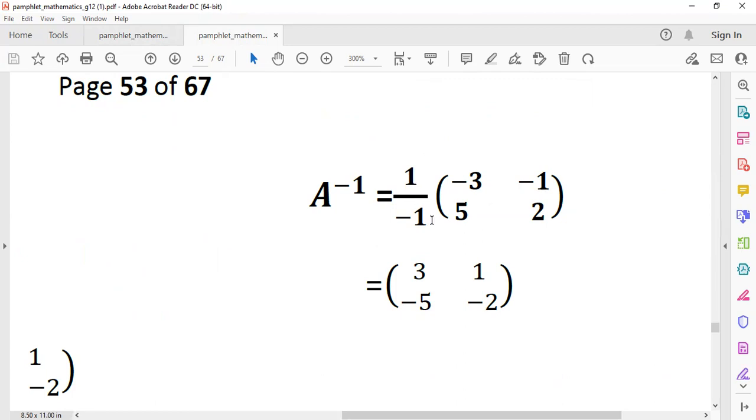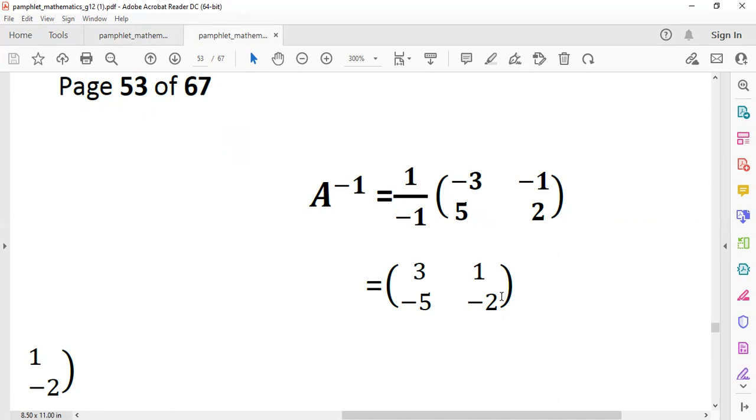So negative 1 by negative 3 is positive 3. Negative, negative, positive. Then negative 1 by negative 1, positive 1. Negative 1 by 5, that's negative 5. Negative 1 by 2, that's negative 2.